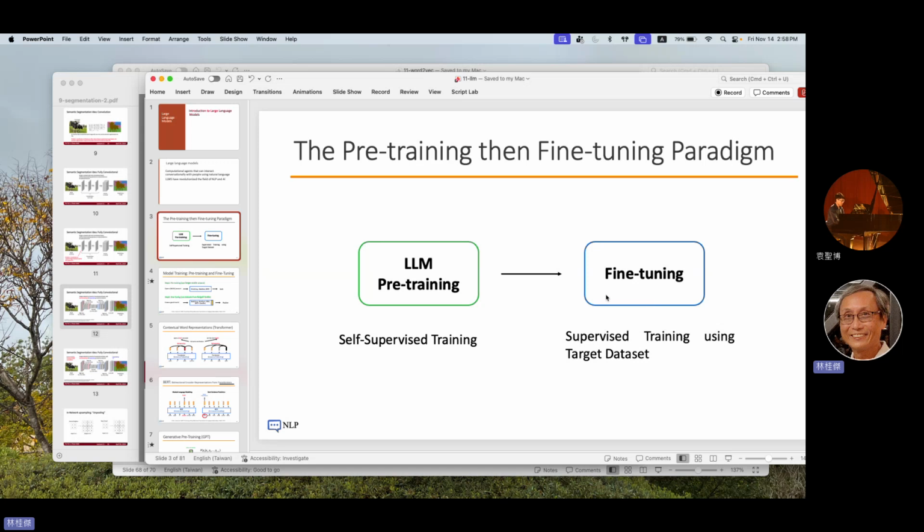And so, just like in computer vision, we give you some specific correct answers that you're supposed to give in your general model. So we have this fine-tuning step, using supervised training with some specific target data set.